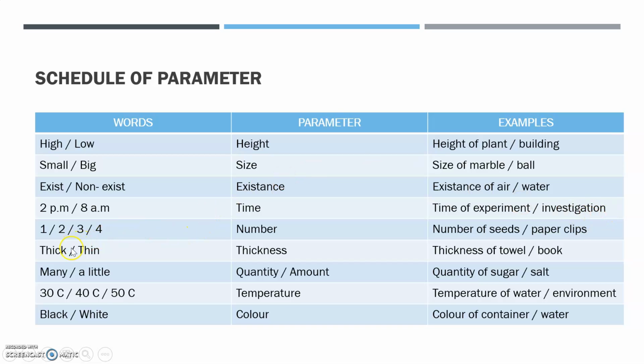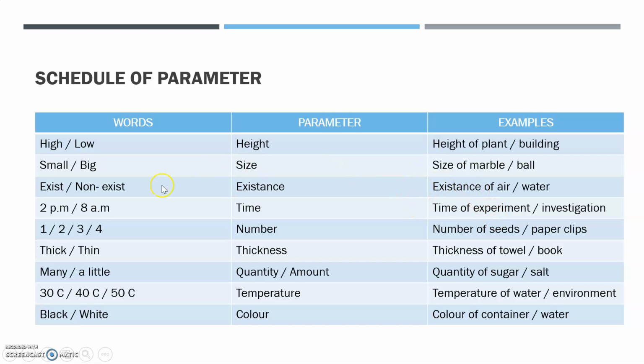Alright. The next one is number. 1, 2, 3, 4. Okay. The parameter is number. Examples, number of seeds, number of paper clips. What are seeds? Biji benih, bilangan biji benih ataupun bilangan klip kertas. Number of paper clip. Number is the parameter, seeds and paper clip are objects.